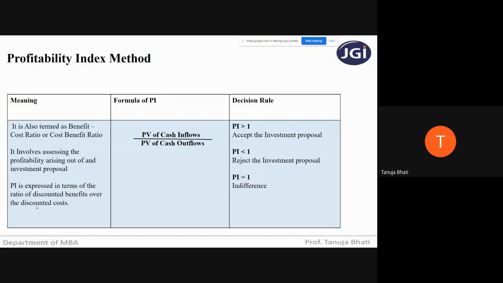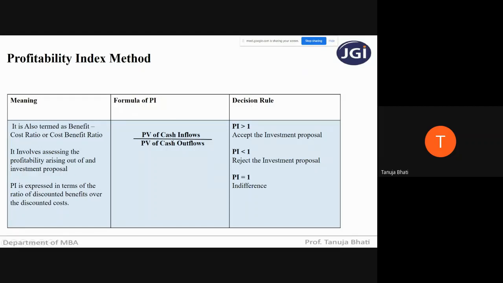That is present value of cash outflow. Now since it is expressed in terms of ratio, you are going to divide it. As you all know, how is ratio usually shown? It is shown in the form of a division. So formula for PI will be PV of cash inflows divided by PV of cash outflows.